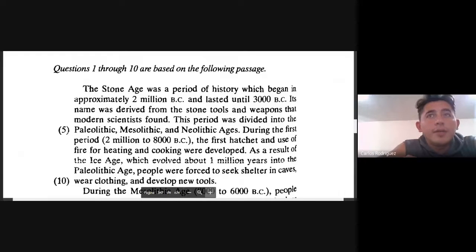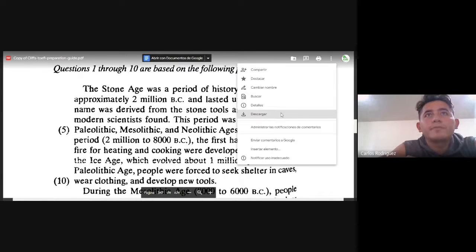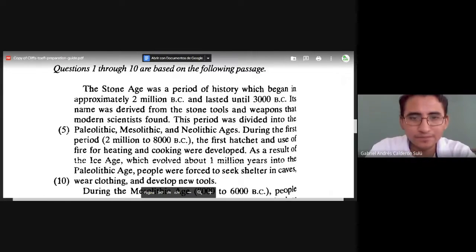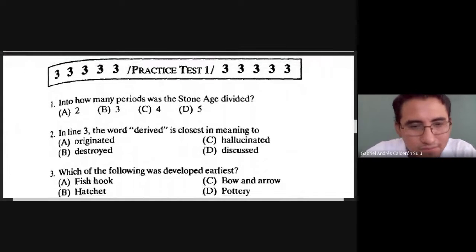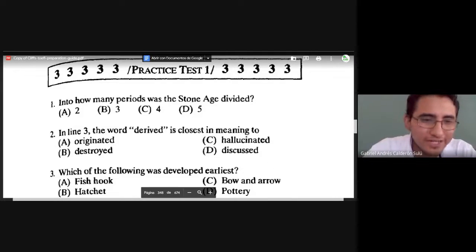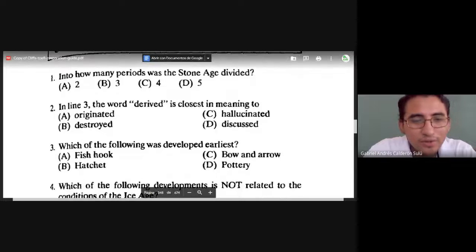I think the text refers to, for example, the origin of the name. Okay. So let's see what the options are. Origin, originate, originated. Very good. So it's option 2.